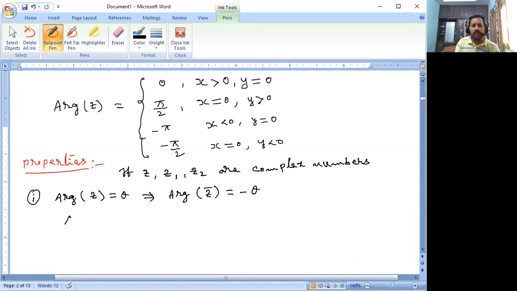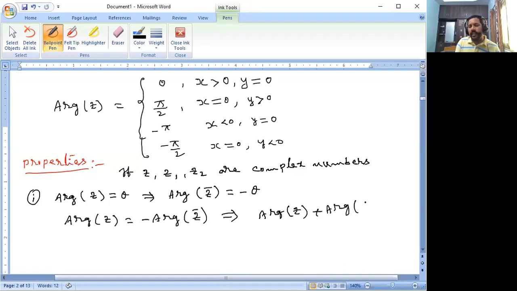Observe here, argument of z is equal to minus argument of z conjugate. In this case, we will observe one more: argument of z plus argument of z conjugate is equal to 0. This is possible when the theta value lies in the principal amplitude.